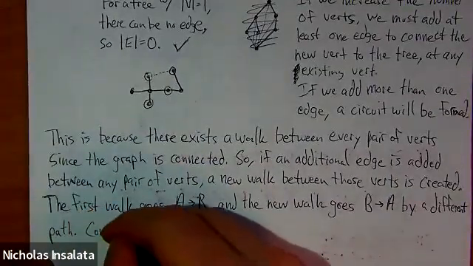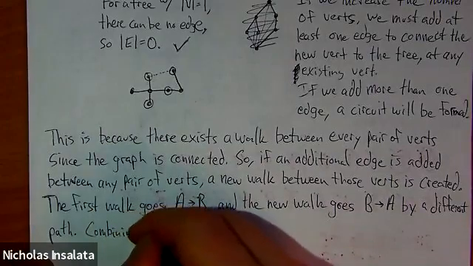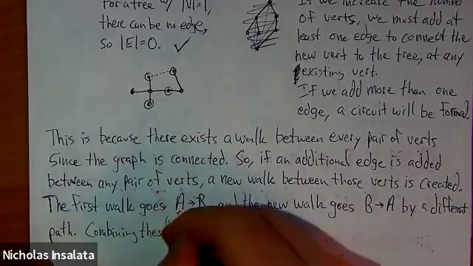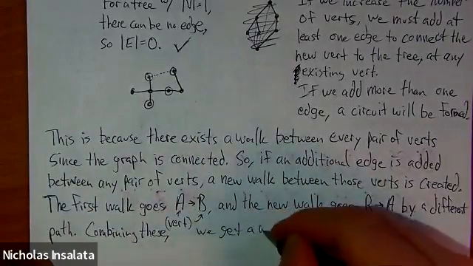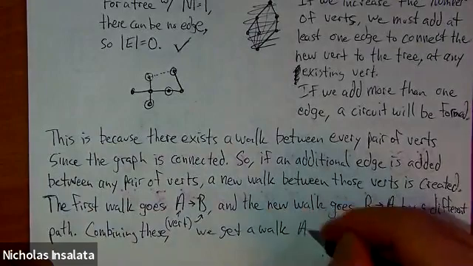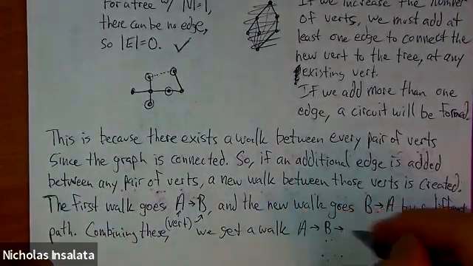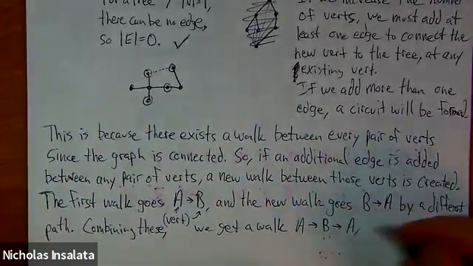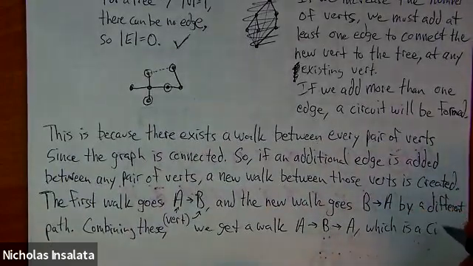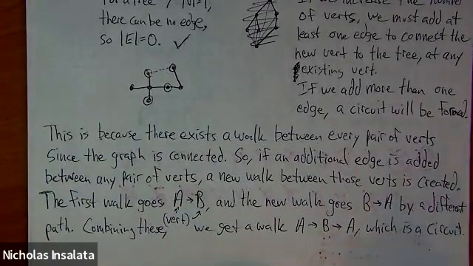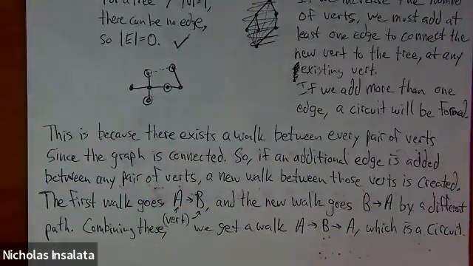Combining these, we get a walk A to B to A, which is a circuit. Cool. What do you guys think? Does that make sense?